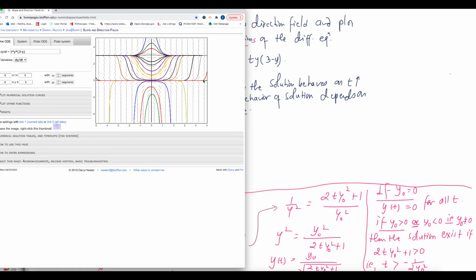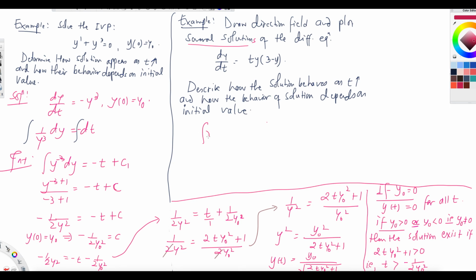So how do I write this? Let me write it down. From the direction field, what do we get? If y0 is less than 0, then y of t, the solution, goes to negative infinity as t increases.